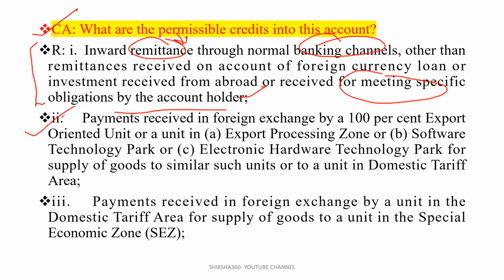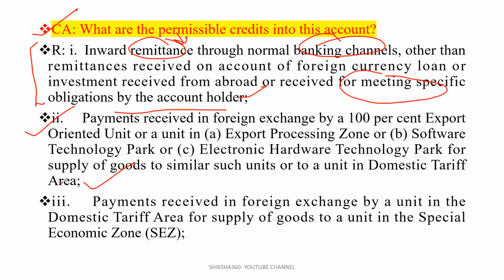Second one, payments received in foreign exchange by a 100% export oriented unit, or a unit in an export processing zone, or a software technology park, STP, or electronic hardware technology park, for supply of goods to similar such units or to a unit in the domestic tariff area.